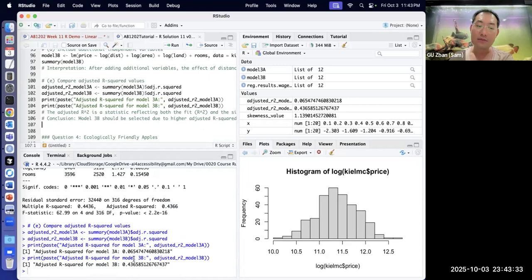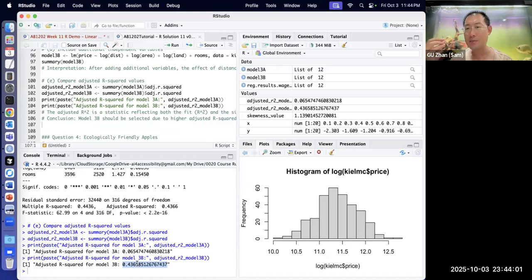Although 0.43 is much higher than 0.06, neither model can be used in production in the real world. It's because the independent variables only explain about 40% of the variation; the other 50 to 60% of the variation, why the price is this high, why the price is this low, is not explained.